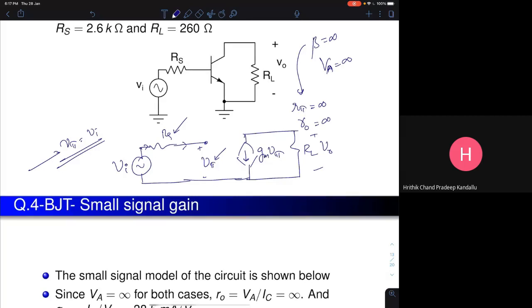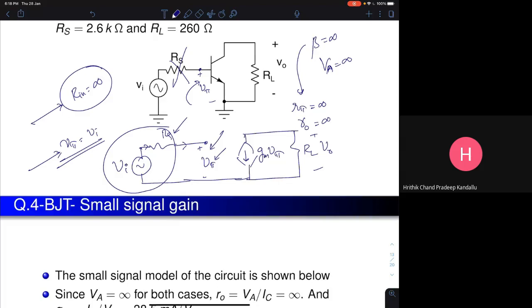That's an interesting result because it tells you that the voltage that is fed to this common emitter amplifier stage is independent of RS, provided you satisfy this condition, which is Rπ is infinity. If your Rπ is infinity, then the voltage gain will have no dependence on RS.